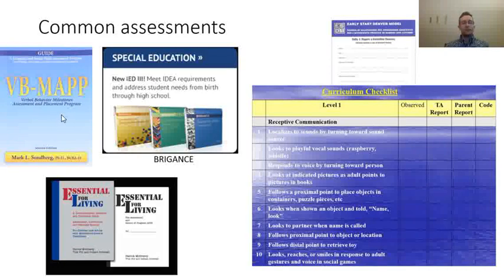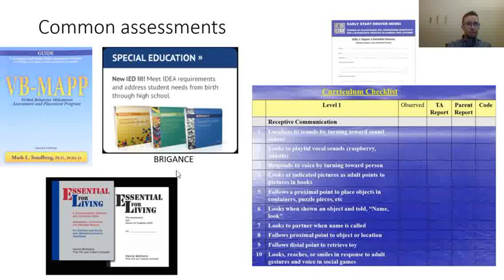Now, the VB-MAP is very popular in both schools and outside of schools for assessing verbal and social skills and barriers to learning in young children with autism spectrum disorders, other developmental disorders, and also intellectual disability. Yeah, so the VB-MAP is very common. That's a good one to have, probably.